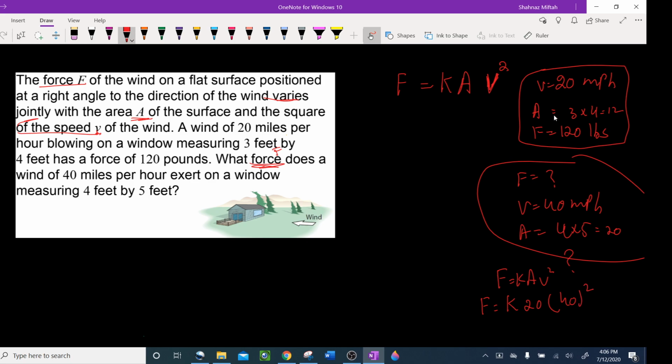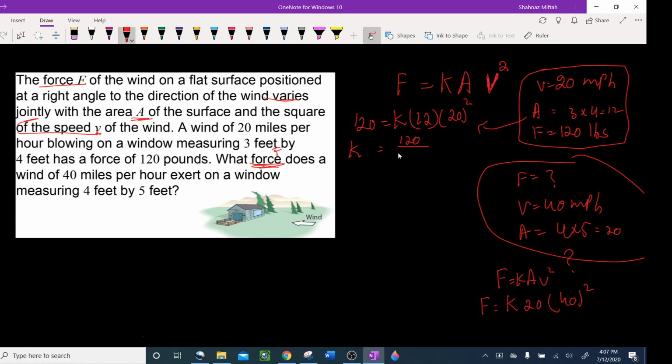So again, we're going to use this information up here so I can get the K. Area is 12 and then V is 20 squared. When you solve this, you're going to get K equals 120 over, I think it's 4,800.